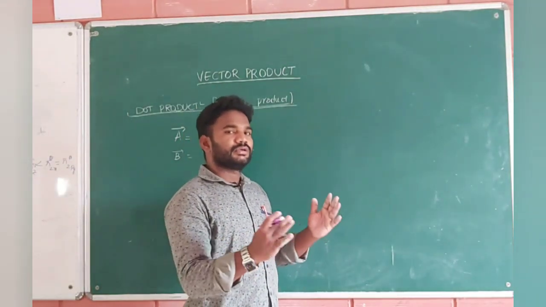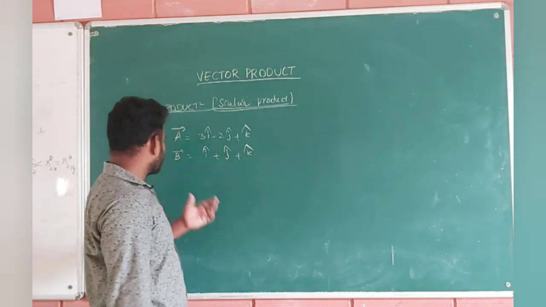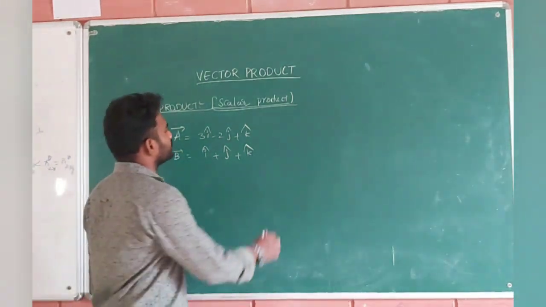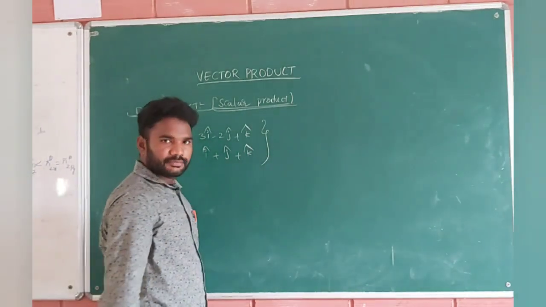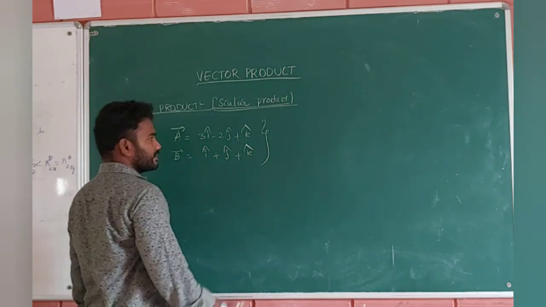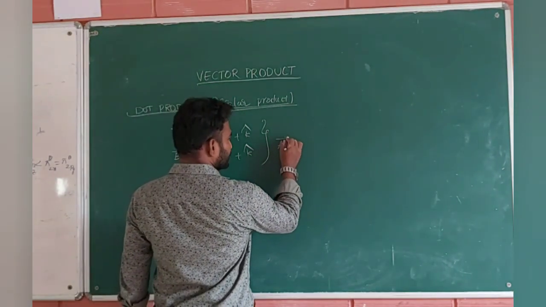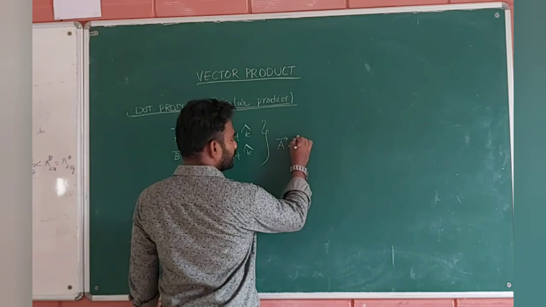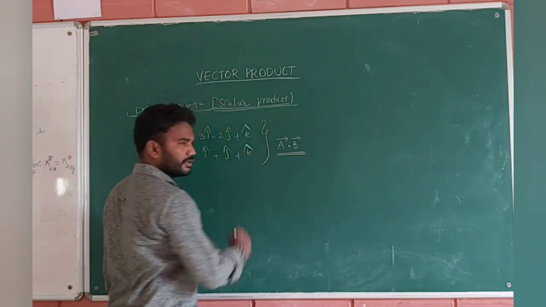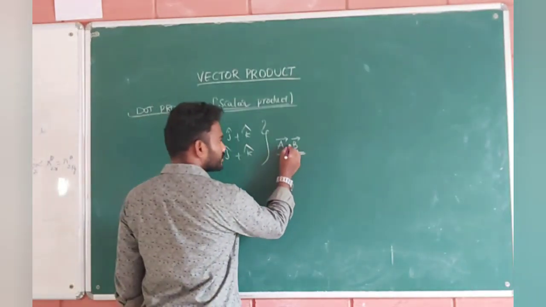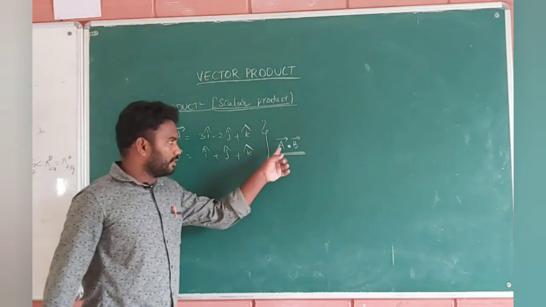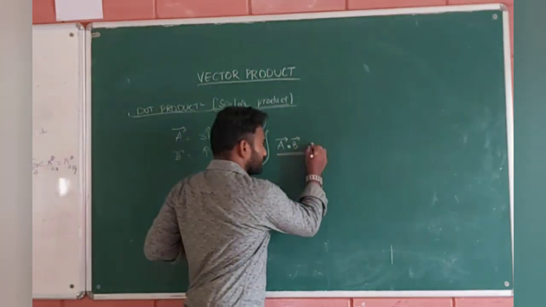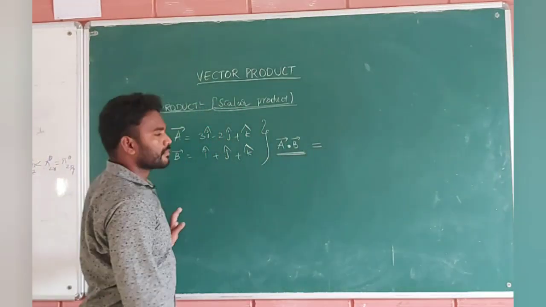How can you do the dot product directly? So the direct method, also called the mathematical method. The representation of A dot B is A bar dot B bar. Multiplication process we should represent as A bar dot B bar is equal to, that's all.